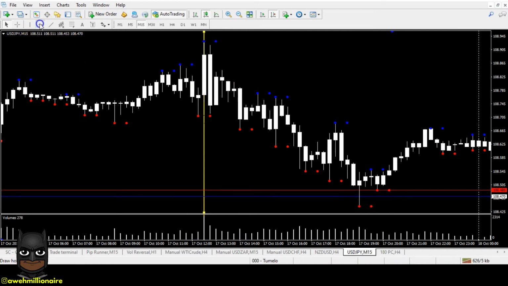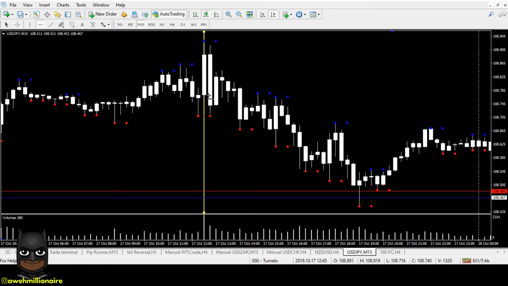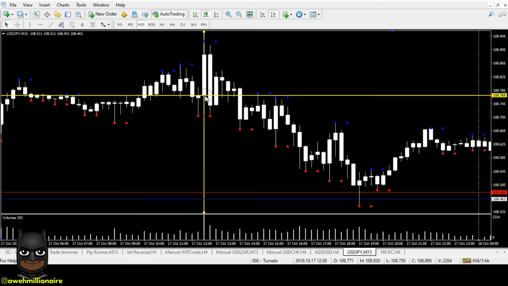And we're drawing the horizontal line on the opening price of the candle with the high volume. So as you can see, this is the candle with the high volume. We draw the horizontal line on the opening price of the candle with the high volume.